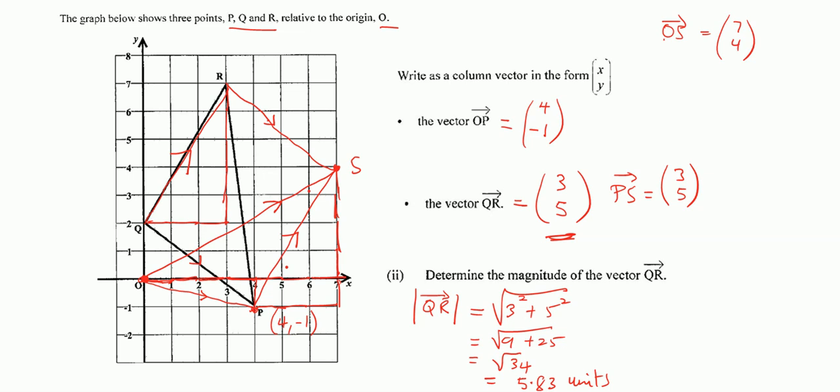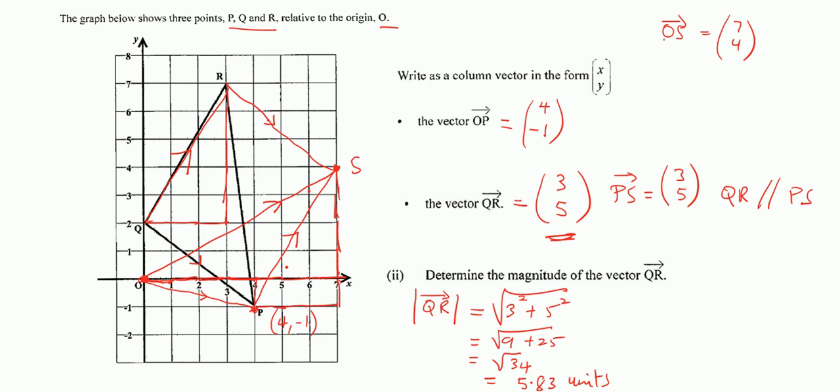So what this is telling me is that QR is parallel to PS. Okay, so that's one part of the proof we've done here. So two sides are parallel. Next thing we need to show is that QP and RS are parallel.